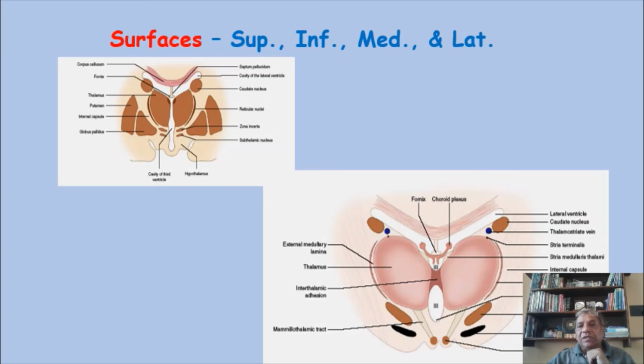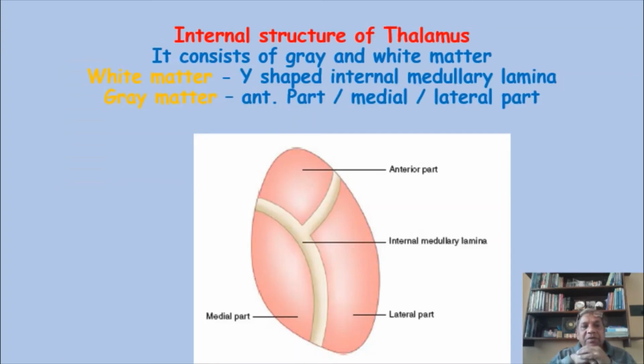Let us move to the next slide. Now here we can see the internal structure. The external structure of the thalamus is over. Now we go to what is inside each thalamus, right and left. If we cut a horizontal section of the thalamus, we will see that it can be divided into two parts: the gray matter and the white matter.